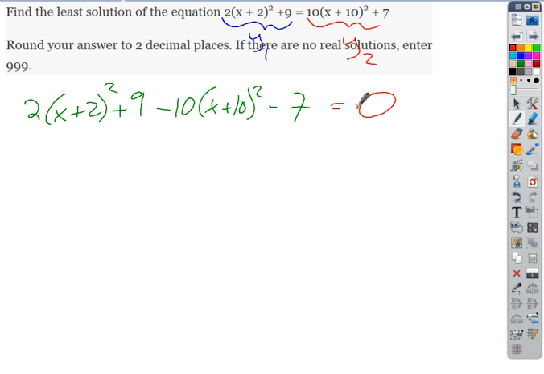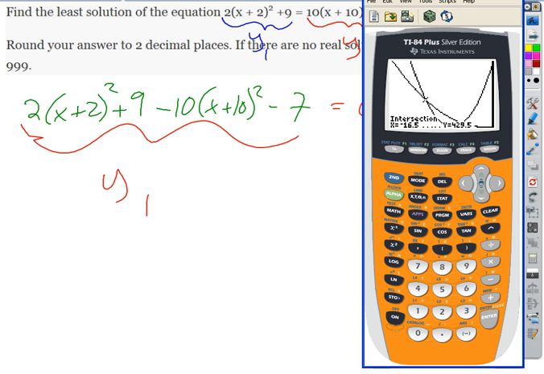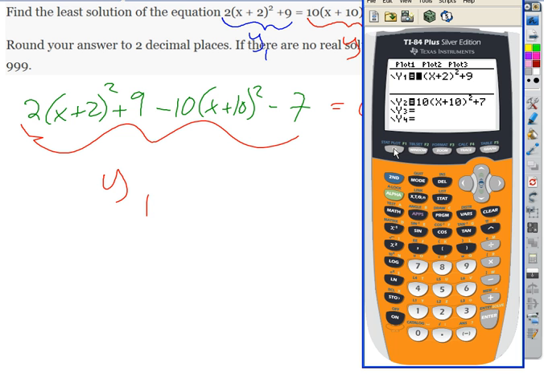Okay, so now here's the other option. We could call all of this whole big thing y1. Okay, so if we do that, watch what happens. I've already got a lot of that in there, fortunately. That's good. So I'm going to erase this guy, go up here, and just tack this stuff on the end.